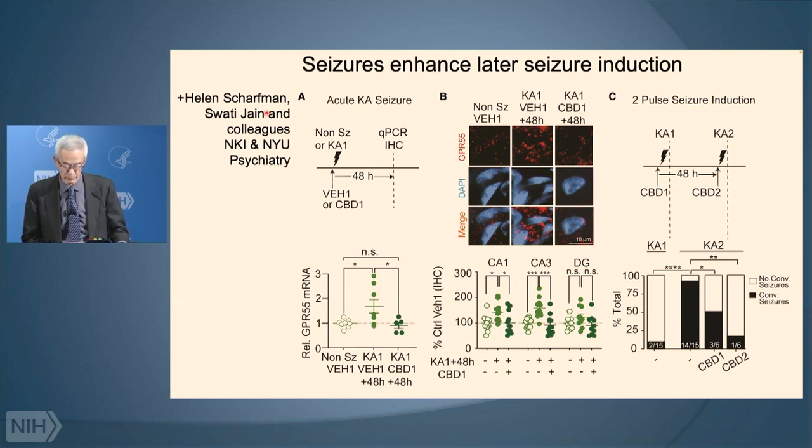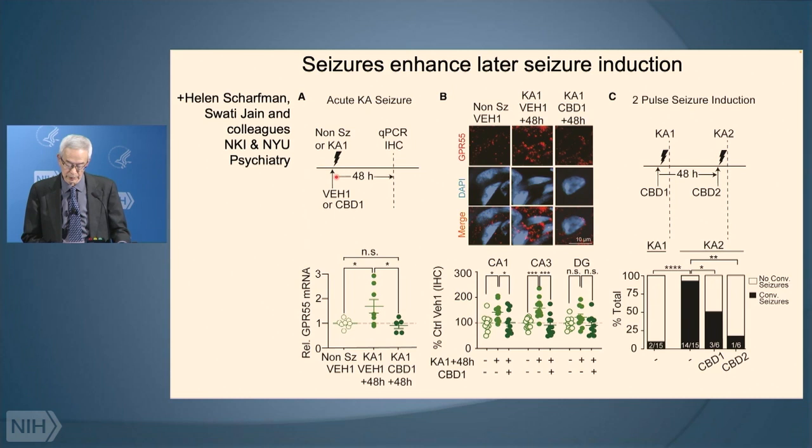So in these experiments performed by Helen Scharfman, Swati Jain, and their colleagues in our Department of Psychiatry, we are looking at the effect of a seizure produced by another epileptiform agent, kainate, which activates certain types of glutamate receptors and produces epilepsy very reliably, very hippocampally based.